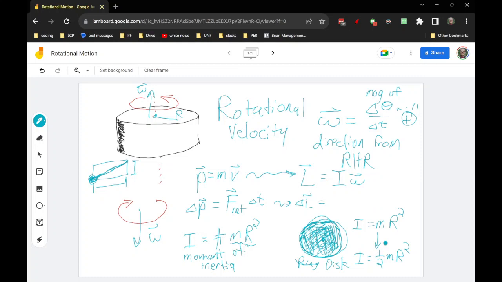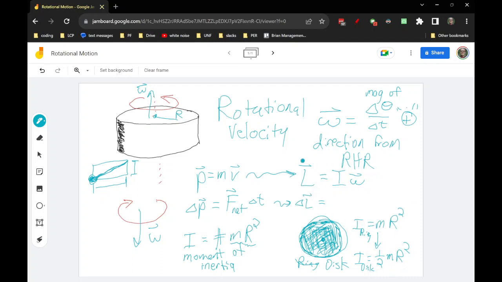And so really you end up with a different I for every single shape. So I for a ring is mr squared. I for a disk is 1/2 mr squared. Again, these are not things you memorize. These are things you go and look up and use in the problem, and then get on with your life. These are not things you are ever expected to memorize.